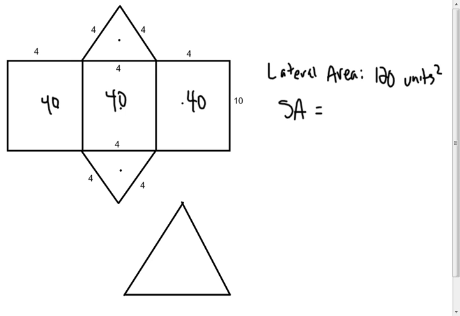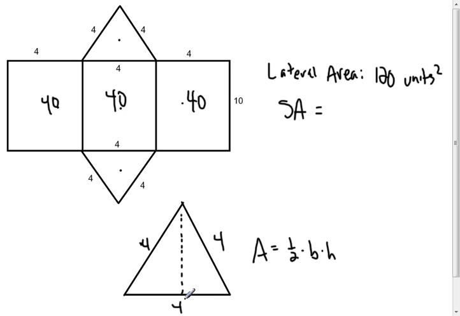We need to figure out the height of this triangle in order to figure out the area, because the area of this triangle is 1/2 times the base times the height. Well, we know the base is 4, but we don't know what the height is. It's not 4, I can assure you that.